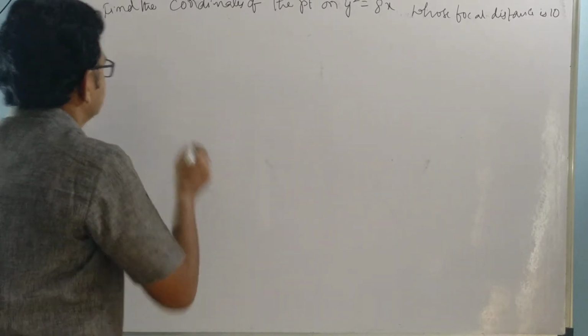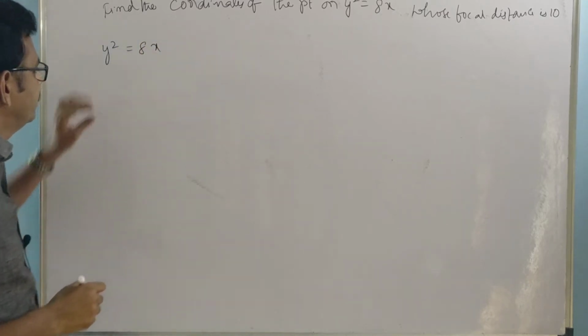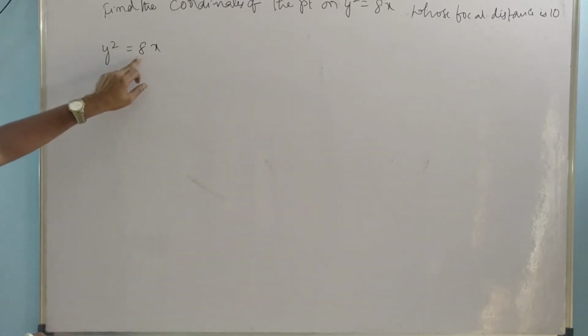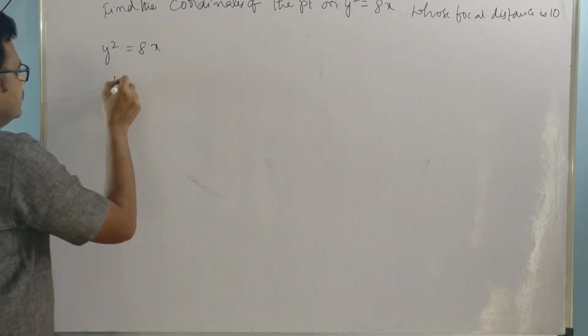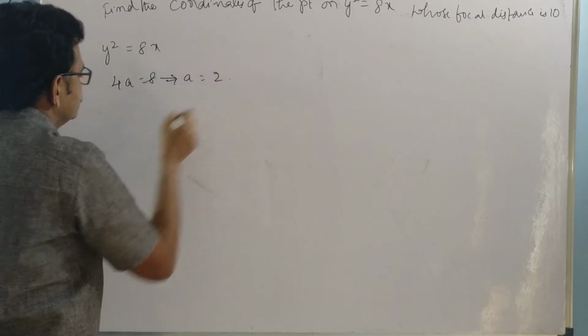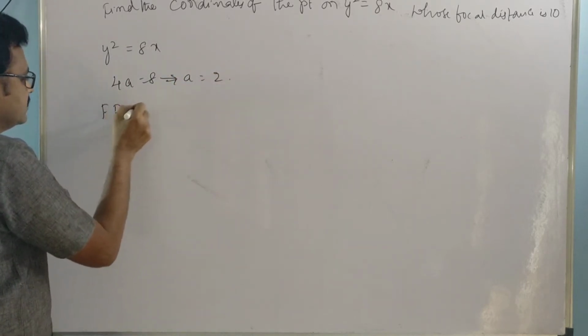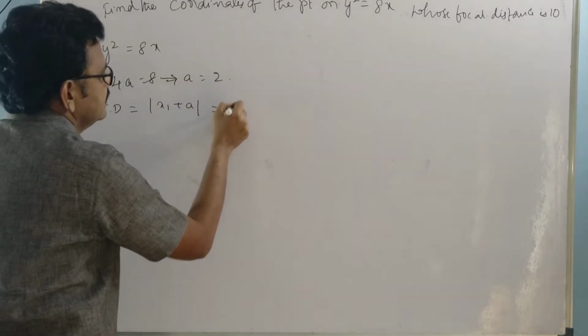Y square is equal to 8x. Comparing with the standard form y square is equal to 4ax, 4a is equal to 8, which implies a is equal to 2. Focal distance formula: mod of x1 plus a is equal to the given 10.